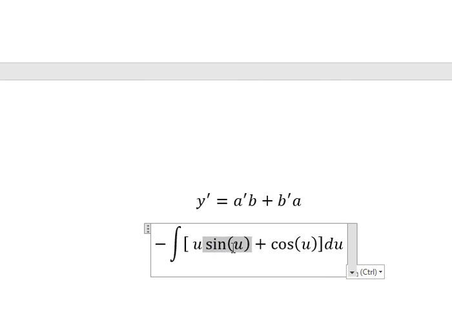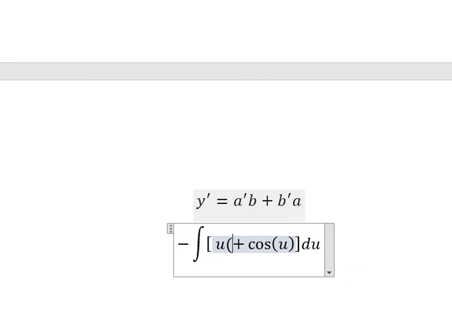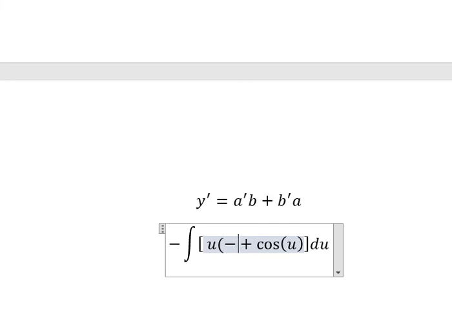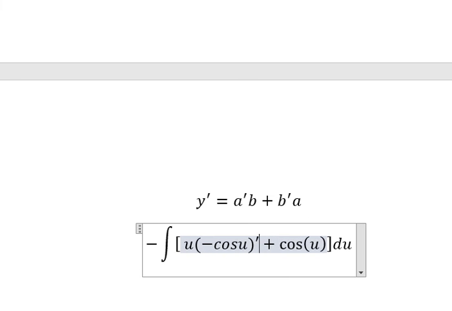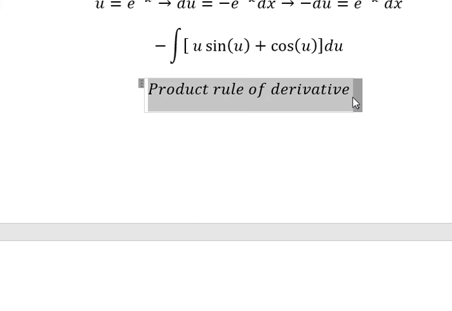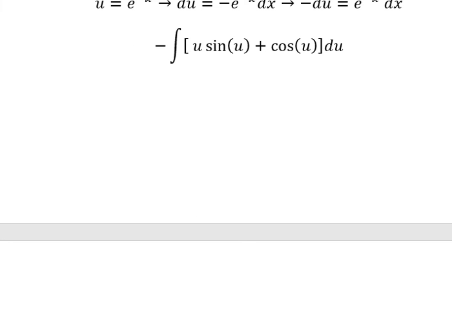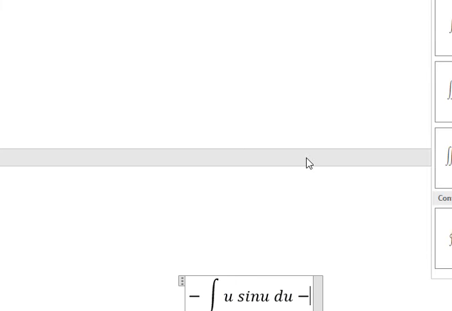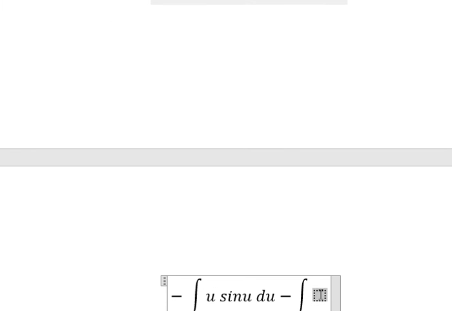If we look carefully, this one is the first derivative of a, and that should be negative cosine u. Sorry, this is not correct. So in this one, we can separate them in here. That should be negative the integration of u sine u du, and the second one negative the integration of cosine u du.